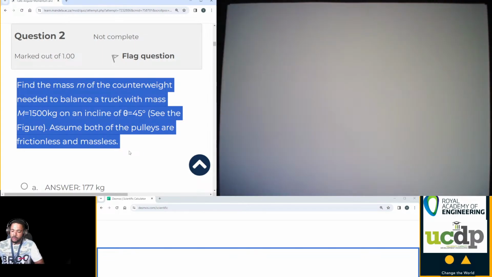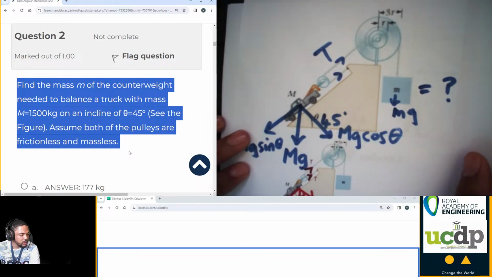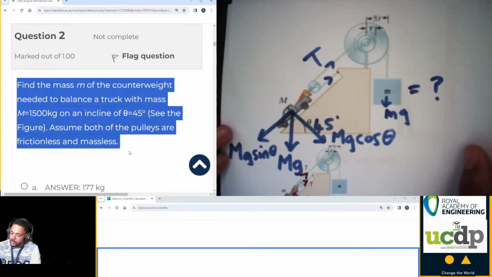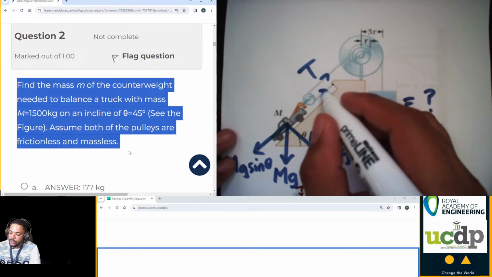We've already established that this angle there is 45 degrees. Now let's just start. There are two tensions here.